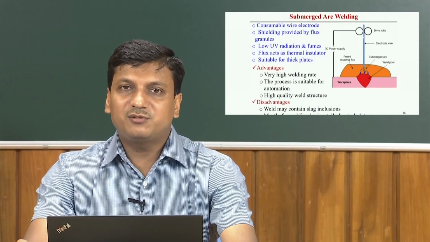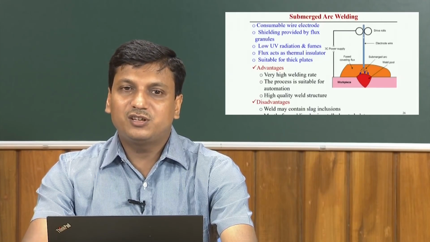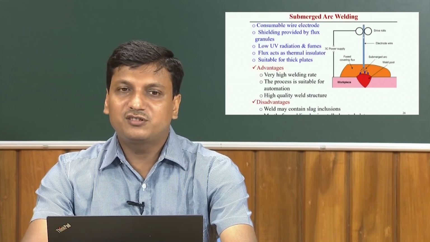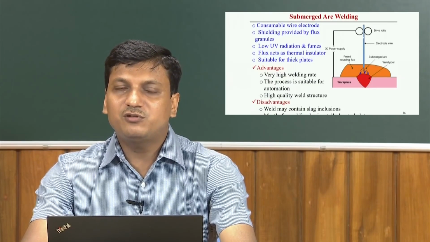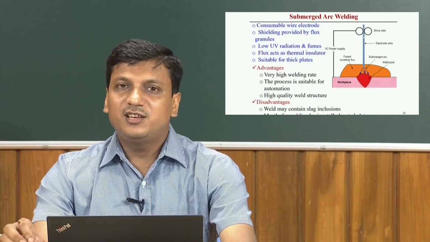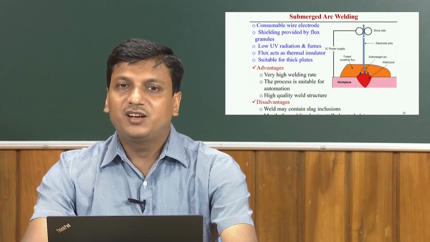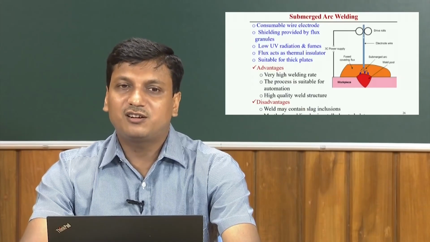This process is suitable for automation, or it can be converted to an automatic system, and high quality weld structure can be produced. The main advantage is that the efficiency of this process is very high as compared to the gas metal arc welding or shielded metal arc welding processes.